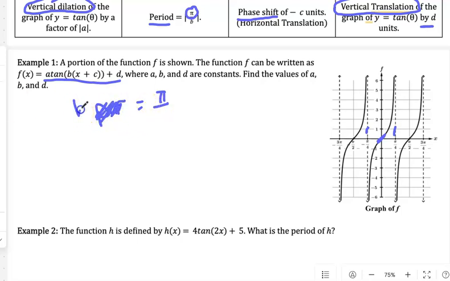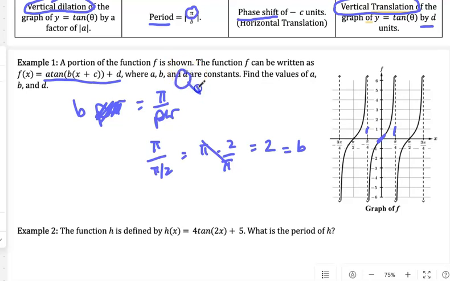We're going to say b equals pi over period. And in our case, period is pi over 2. So pi divided by pi over 2 is multiplied by 2 over pi. And so our b value equals 2. The d value is going to be 0 because I have no vertical translation up or down. I cut through the x-axis there.